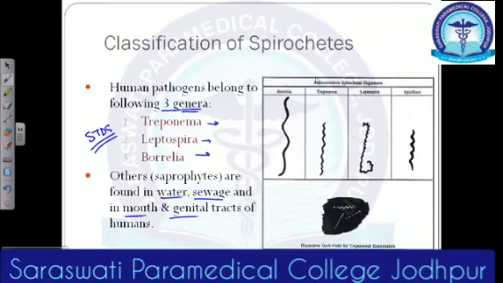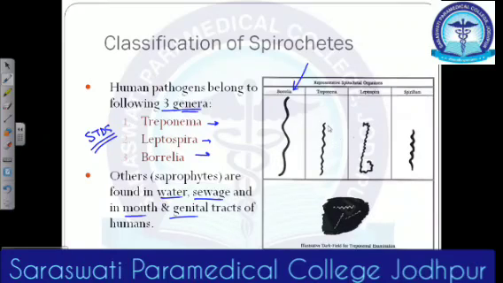Now if we look at the morphological characteristics, the larger one is Borrelia. Borrelia is large and has a very flat kind of spiral. Spirillum is very short but very curvy. Leptospira has the most curvy nature among all, and it is round shaped at the end.